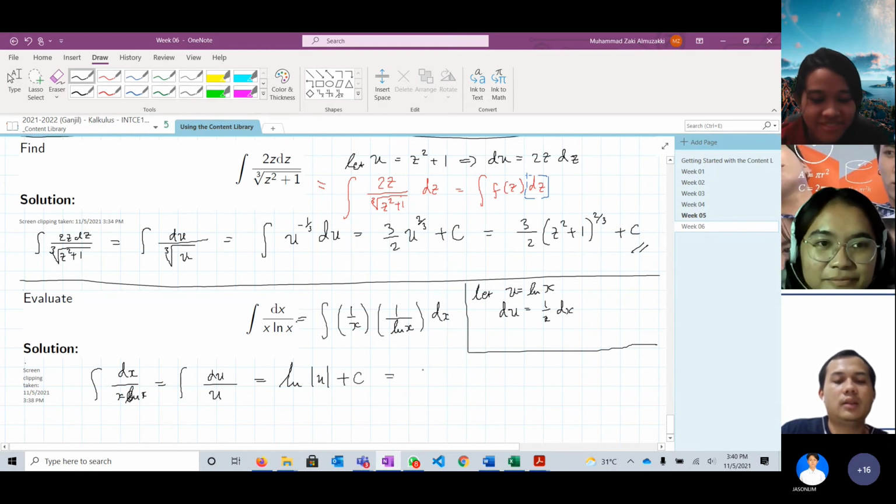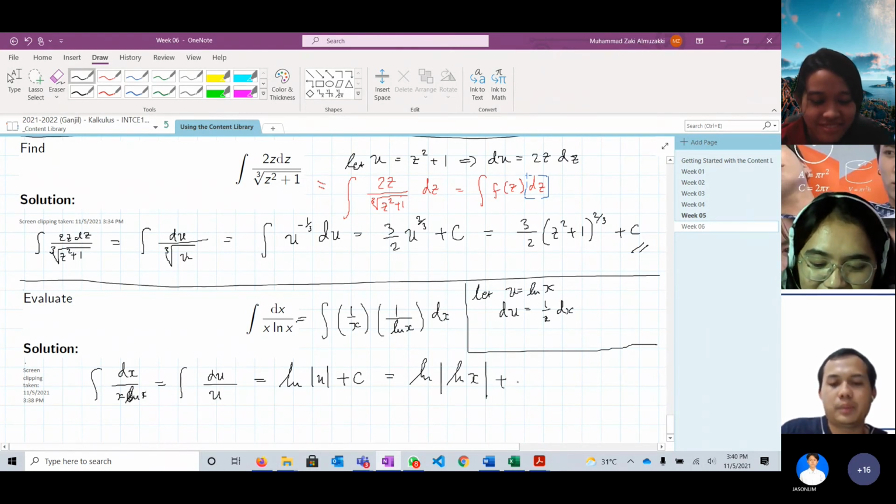Now we have ln of the absolute value of ln x plus c. Is it clear?